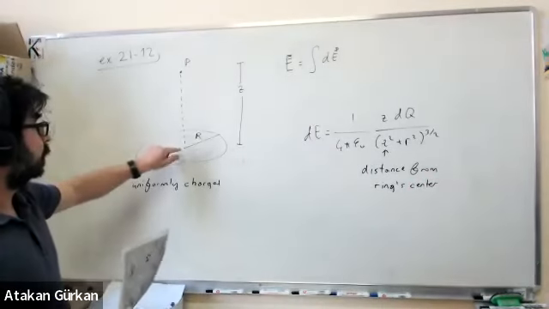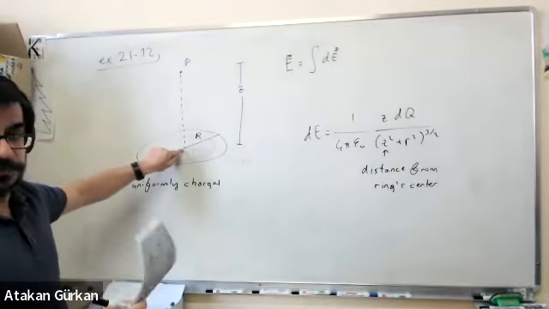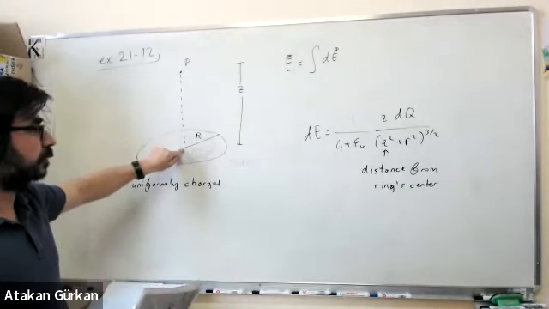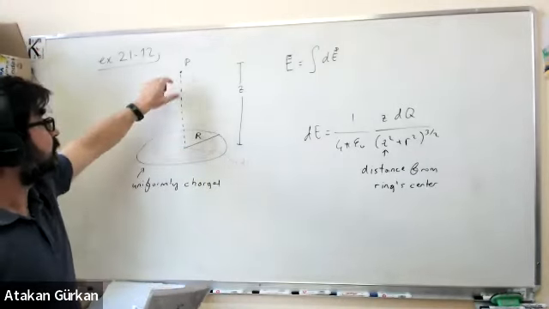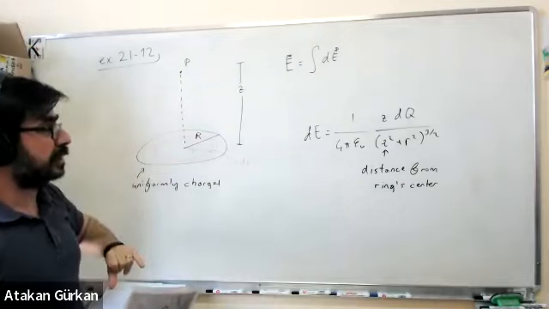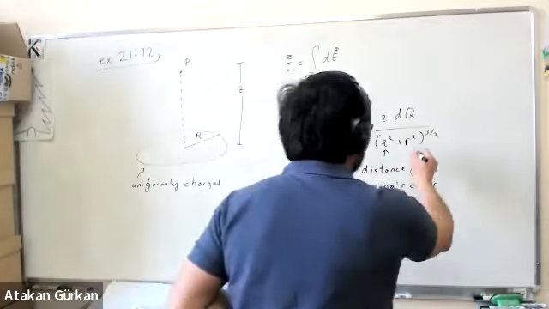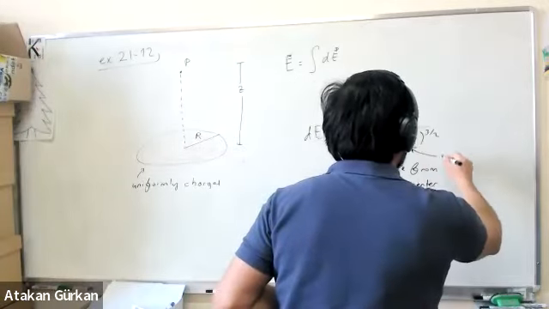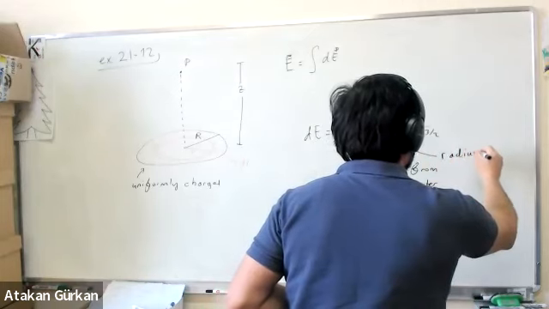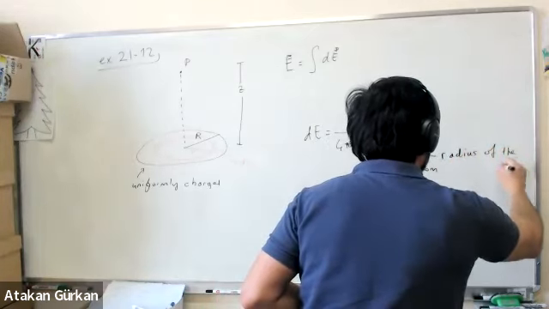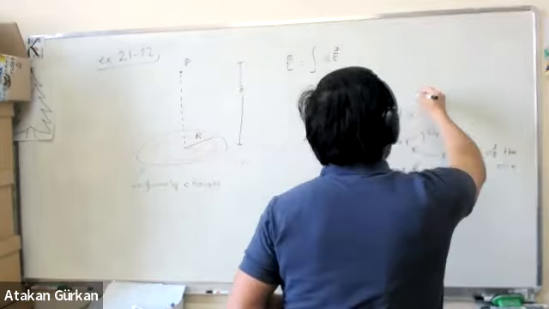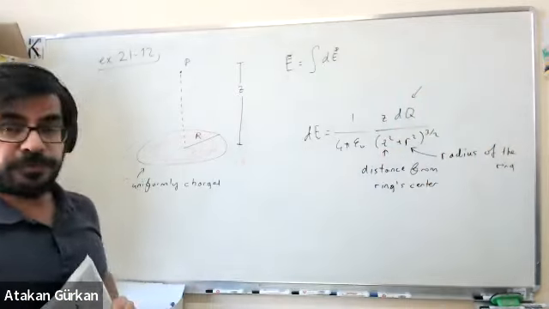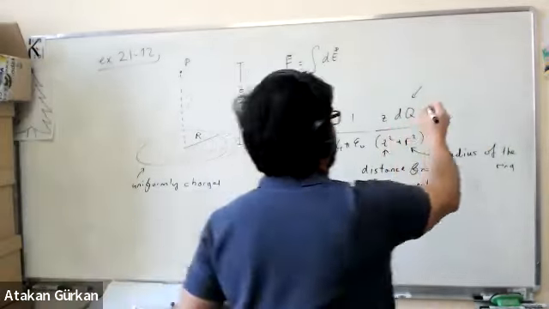The ring center, of course, coincides with the disk center. All the rings are going to be concentric, and so this is the same distance that we have called Z here. This R will be the radius of the ring, and this dq is going to be the charge of the ring.